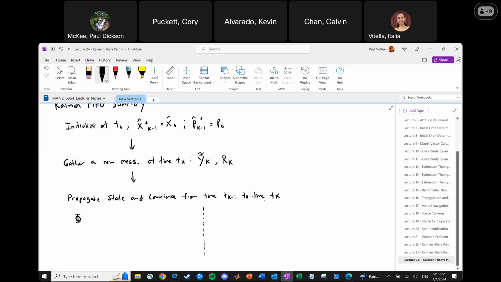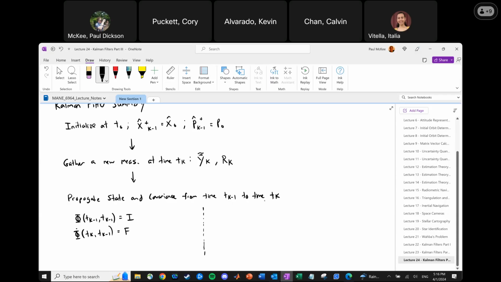So remember that phi from tk minus 1 to tk minus 1 is the identity matrix, and phi dot mapping from tk minus 1 to tk. Remember that we go backwards in these, so we're starting from the right going to the left. Well, that's just F, where F comes from our dynamic model, right?